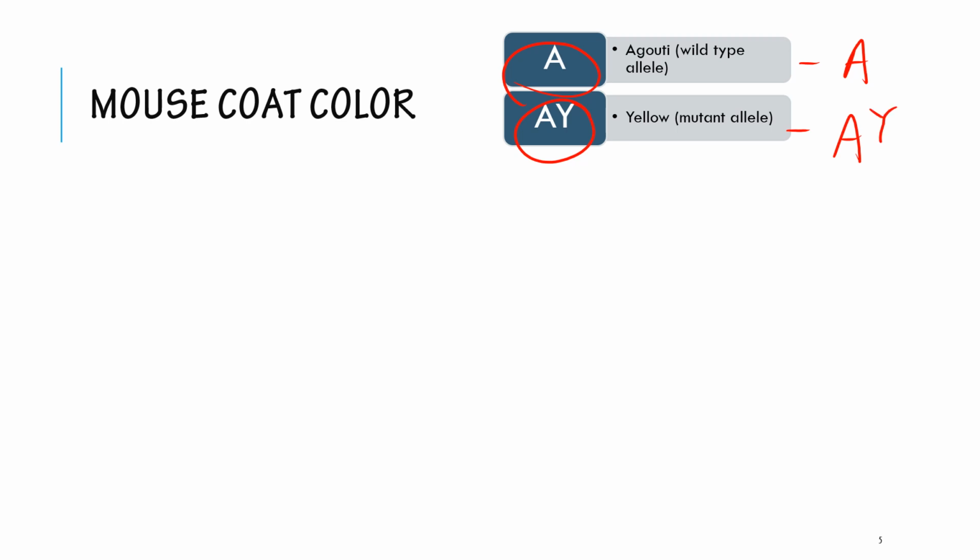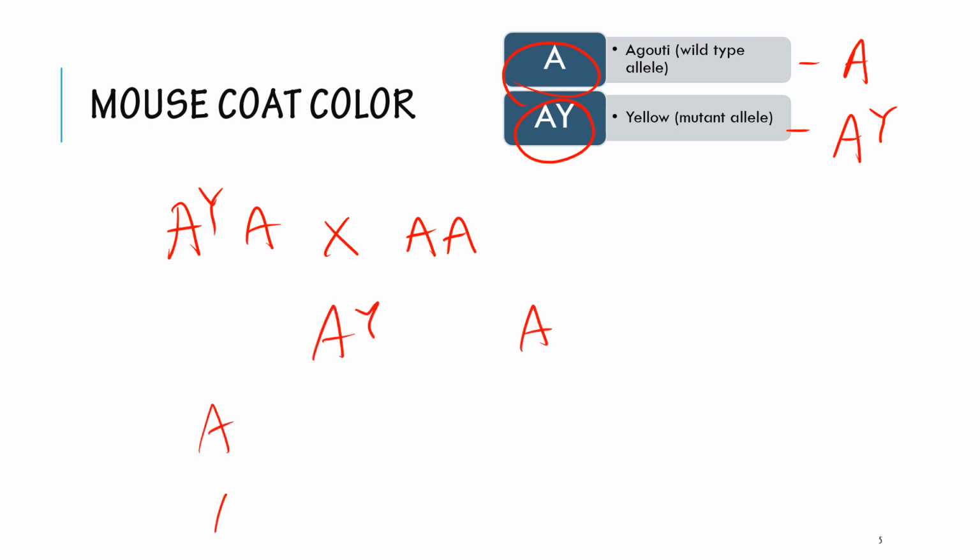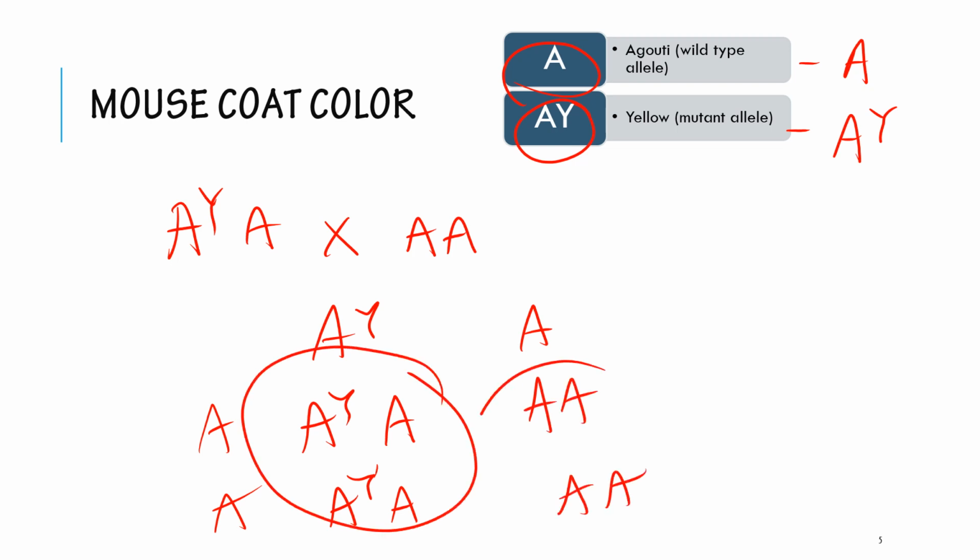So if you cross a heterozygous yellow with a brown, half of your offspring, that's 2:2 or 1:1, yellow to agouti, will be 50% yellow and 50% agouti.